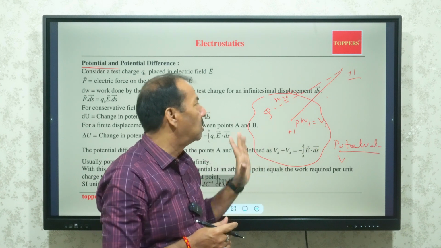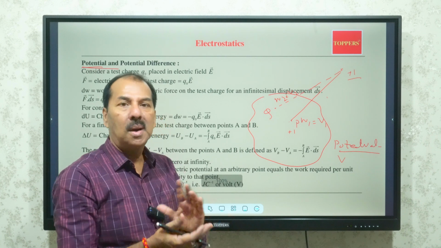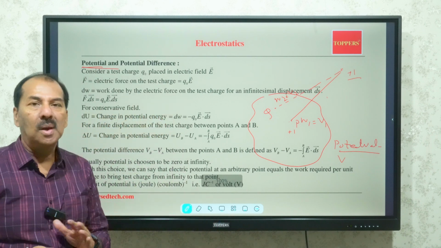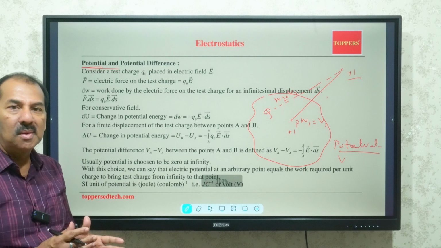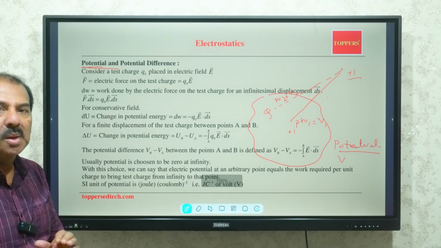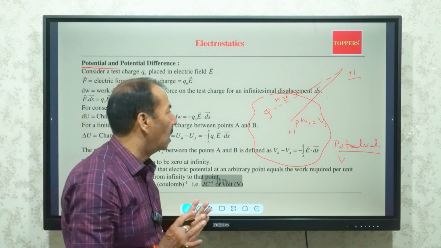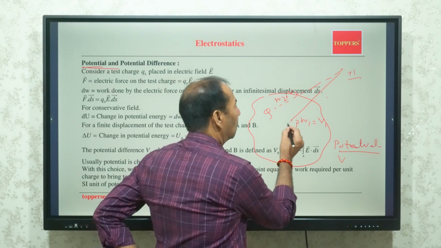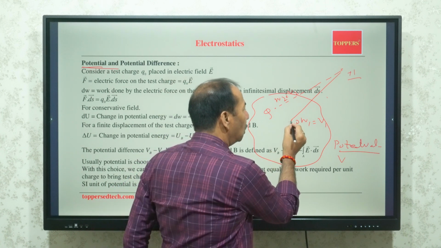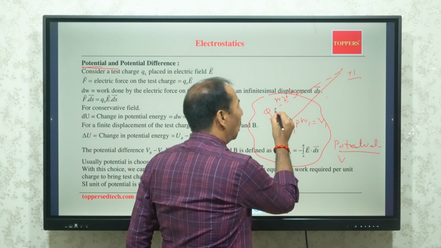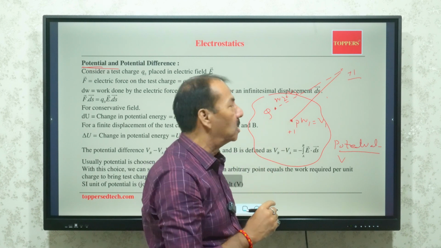Here it is V2. Now, as work done or potential, because potential is nothing but the work done, and work done is a scalar quantity, corresponding to that potential is also a scalar quantity. So work done in bringing that unit positive charge from this point to this point will be equal to how much?